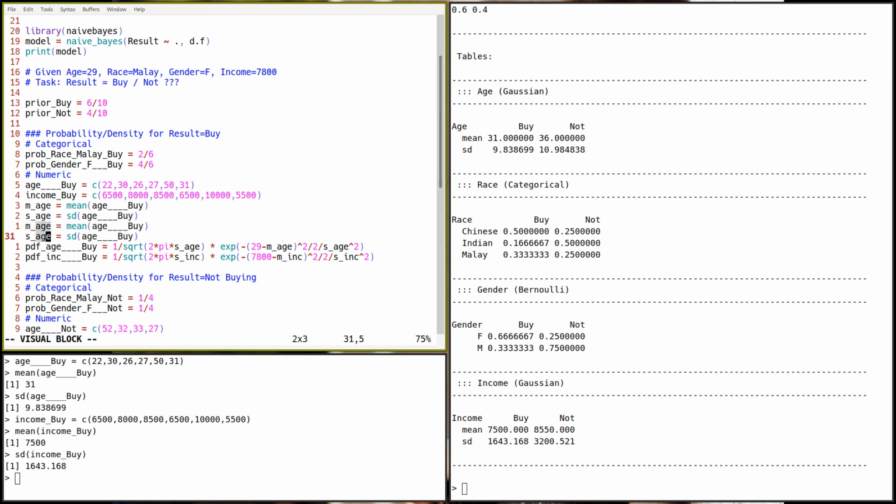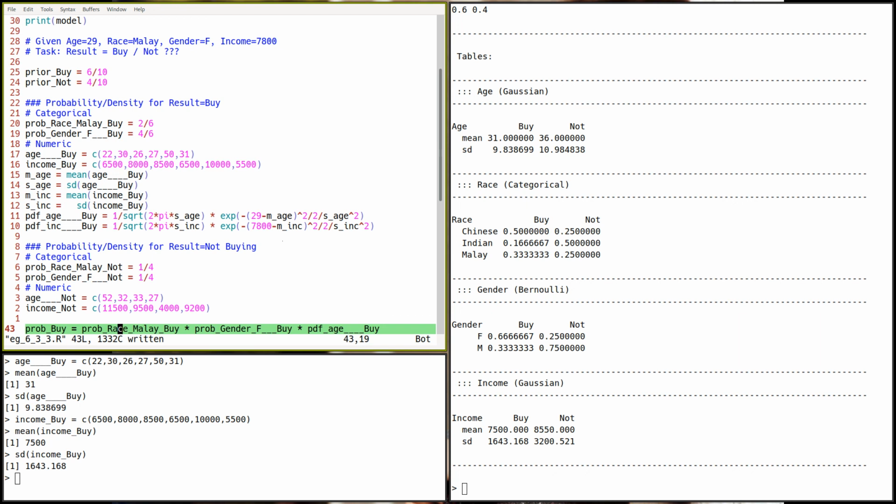These are income. Let's just change income.